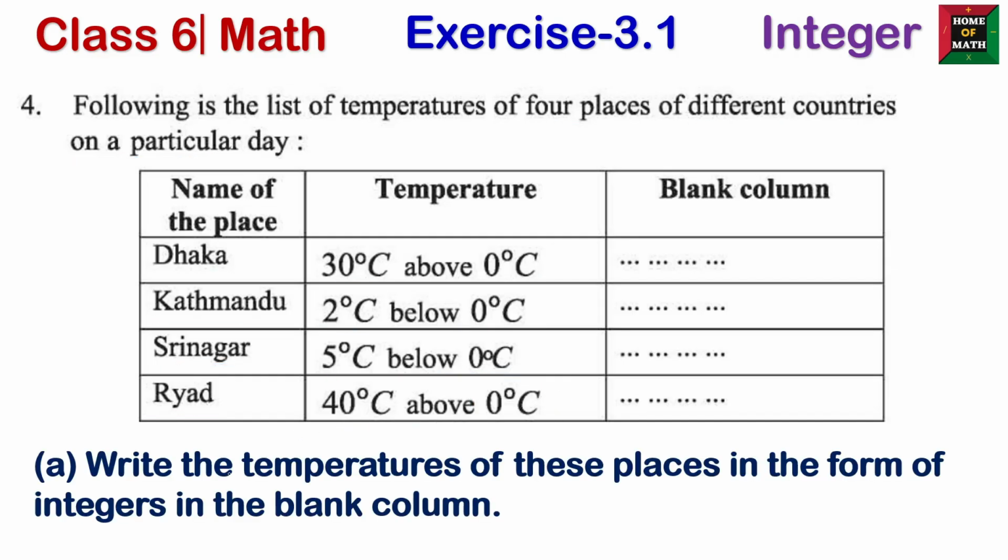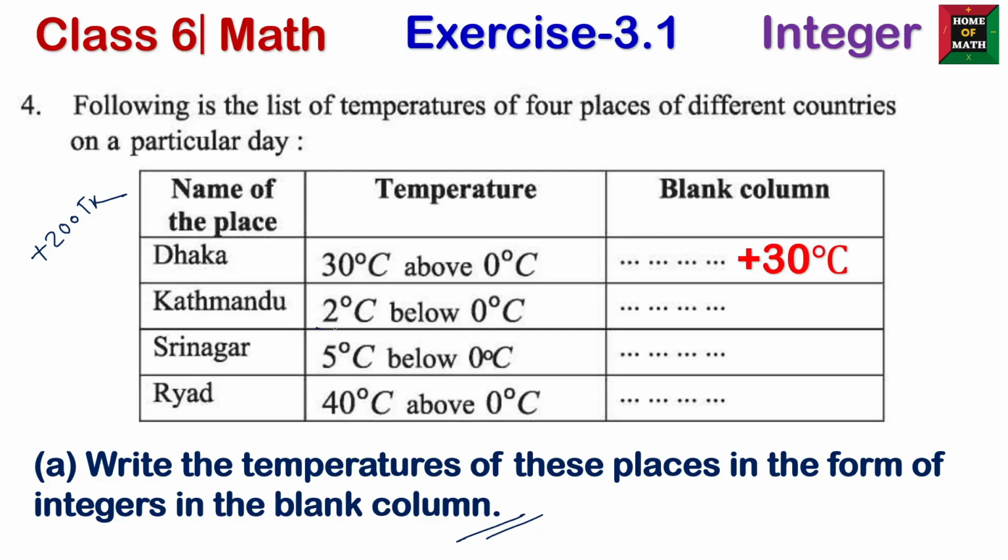So our first question, write the temperature of these places in form of integer in the blank column. So once we deposit 200 taka, we wrote plus 200 taka. Similar, this is 30 degree centigrade above 0 degree. Therefore here we will write plus 30 degree centigrade.